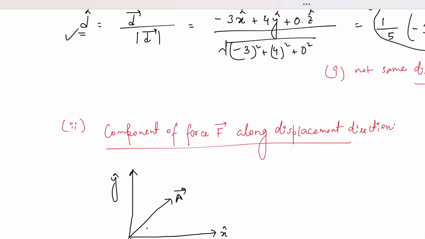Now A vector is not in the direction of either x or y, so A can be divided into two components in this case, one component along x and another component along y. We can call the components ax and ay, right? So how can you express this? A vector is ax x cap plus ay y cap. So ax means this is the component of A along x and ay is the component of A along y.